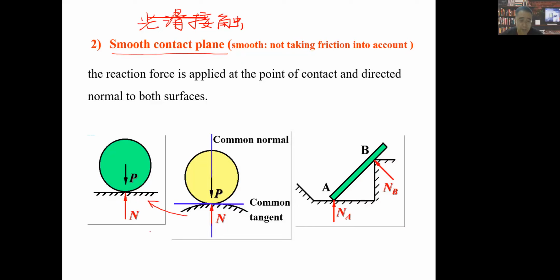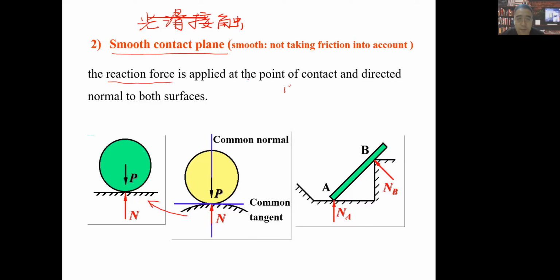So when we move around the Earth, we always think the Earth is flat, not a ball, but actually it's a very, very big ball, right? So I hope you pay attention to two points. One is how we give this reaction force.